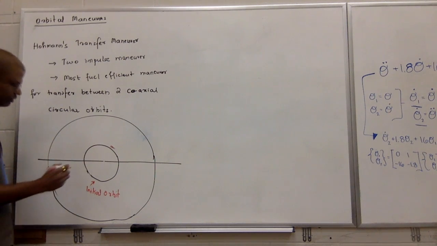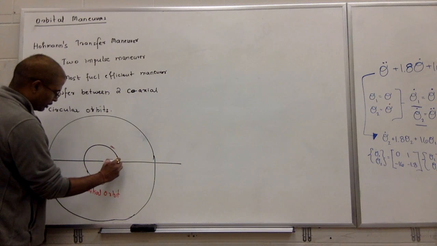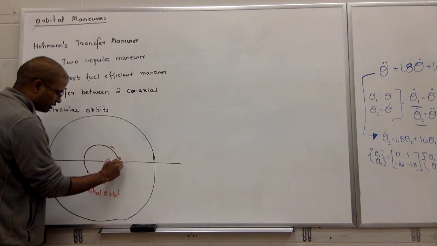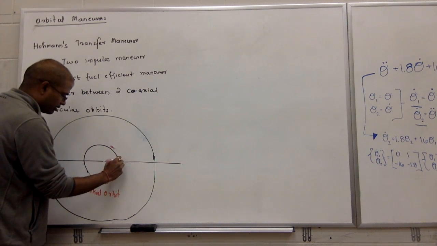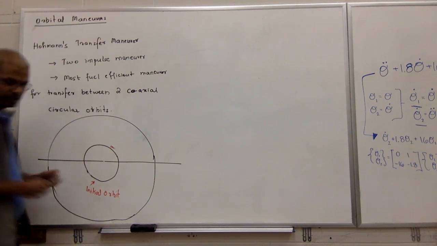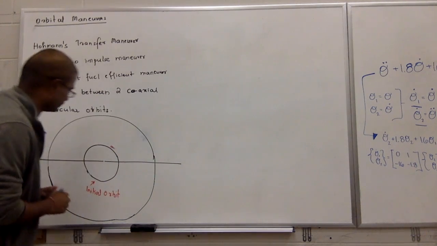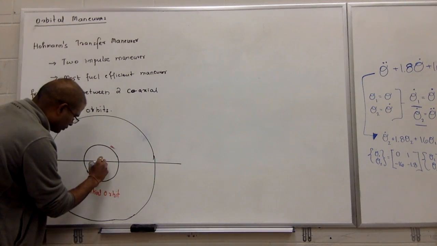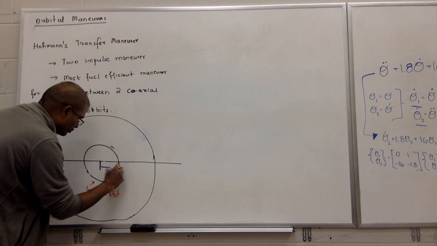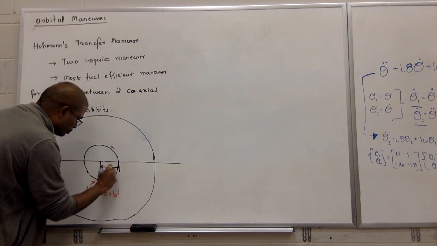Okay, let me talk about this. What I'm going to do is my satellite is orbiting at this point. I'm going to identify this as R1.